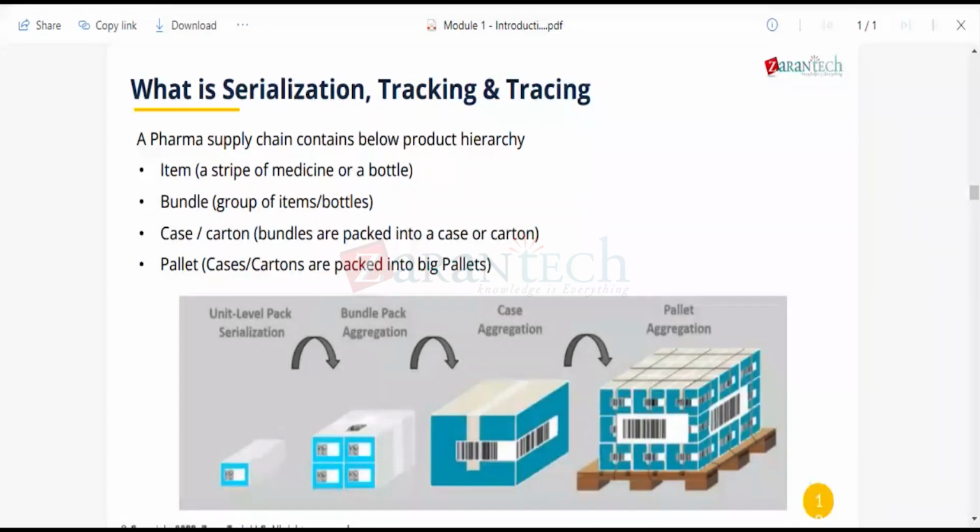Since the medicine is just one material but we have four units of measure, each unit of measure has a unique serial number. So serialization is providing a unique identifier at each unit of measure level, not at material level.